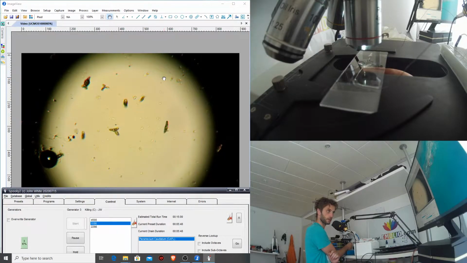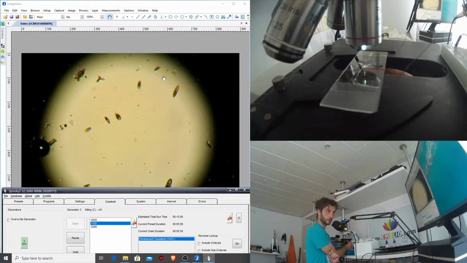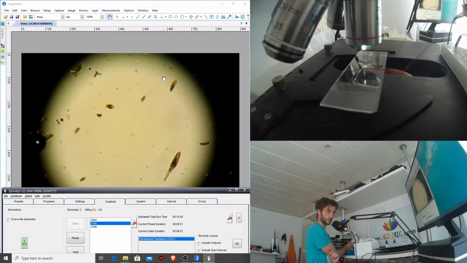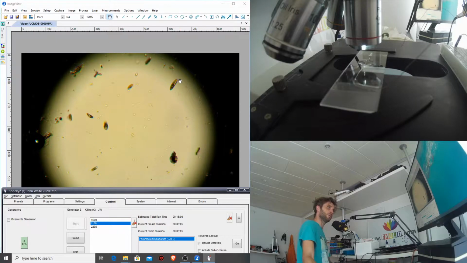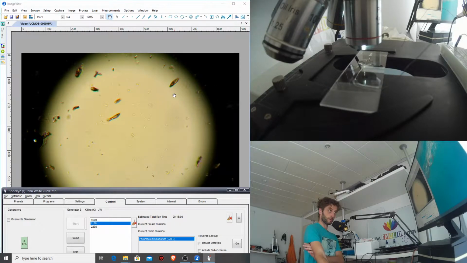It looks like those other microorganisms are having more trouble than the ones that we are targeting. But let's see. Also, I see one that doesn't move here, so maybe it's already dead. But we will see what's happening.